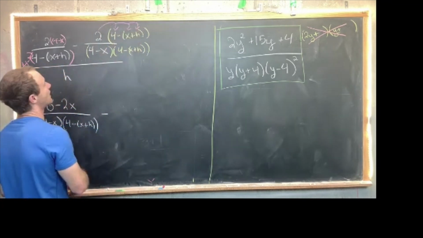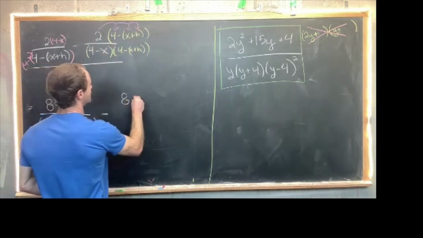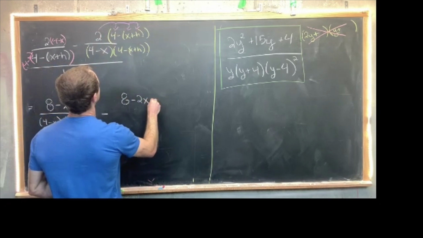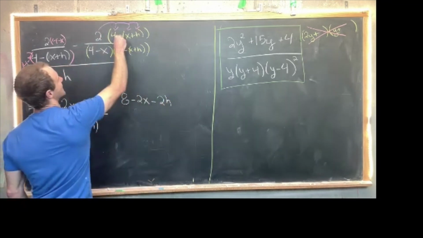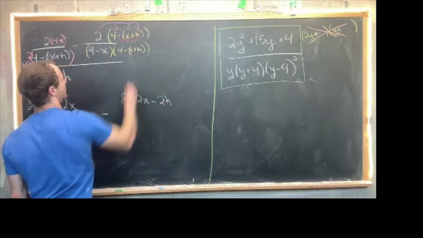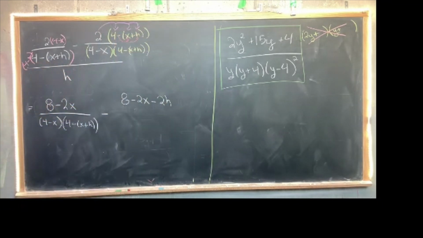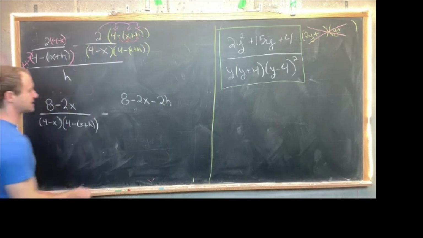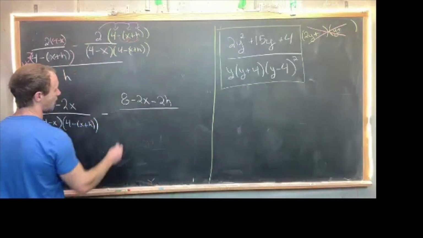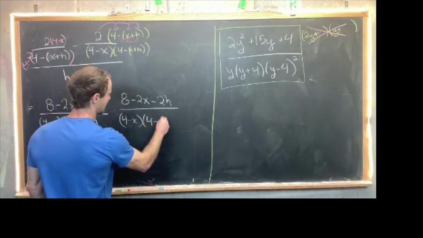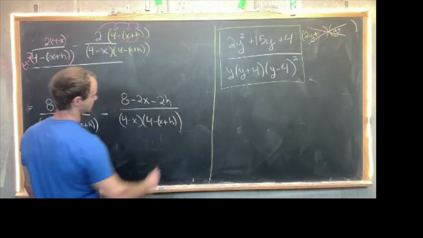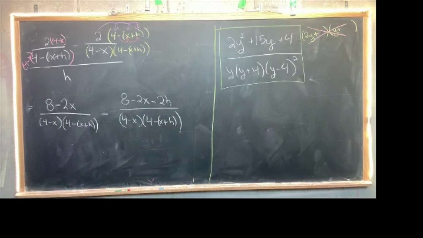So we'll have 8 minus 2x minus 2h. And then notice while I was at it, I distributed this minus sign through as well. So that's what we get for the numerator of the second term. And then that's going to be all over this same thing, 4 minus x times 4 minus x plus h. So we have something like that.